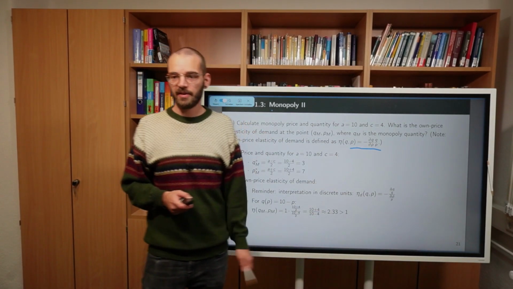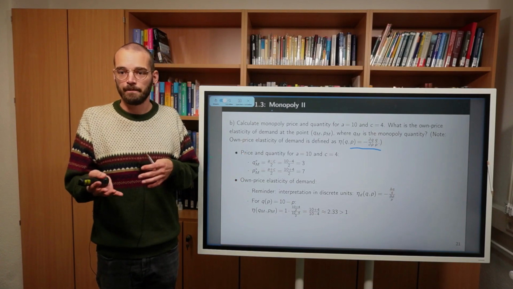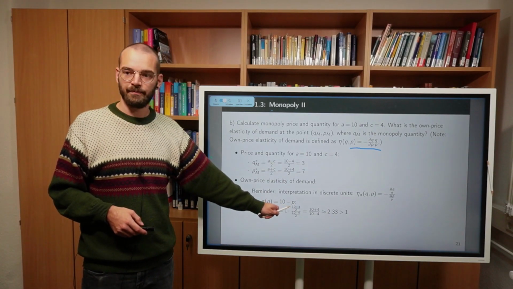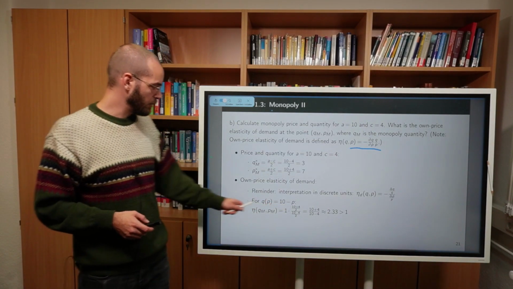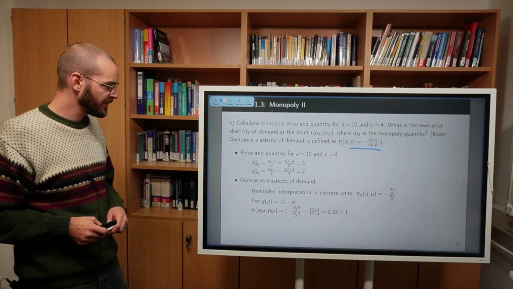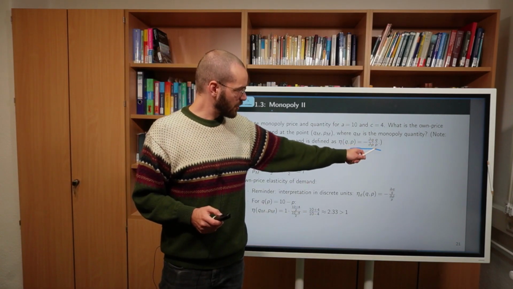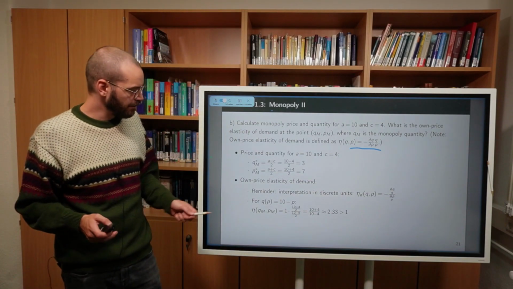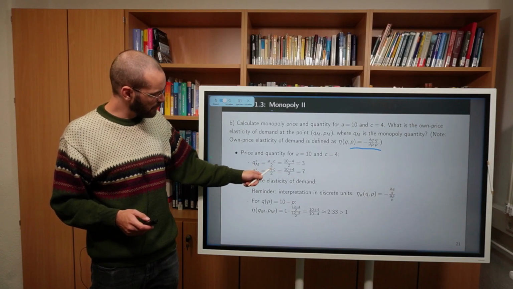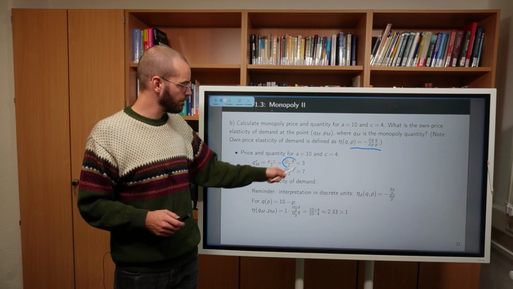Since we know the demand function, we can calculate the partial derivative of the demand function with respect to P, which turns out to be -1. Q of P derived by P equals -1 in our case. This is then multiplied with this fraction Q divided by P. And Q we already identified to be (A minus C) divided by 2, or specifically (10 minus 4) divided by 2.